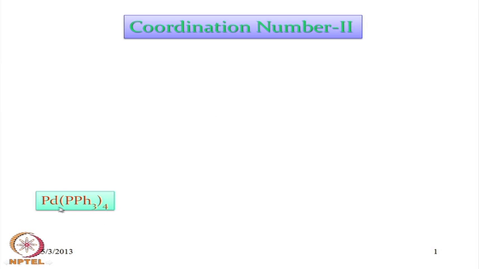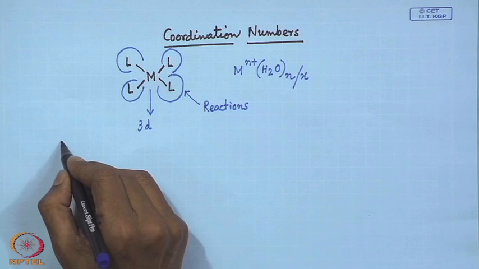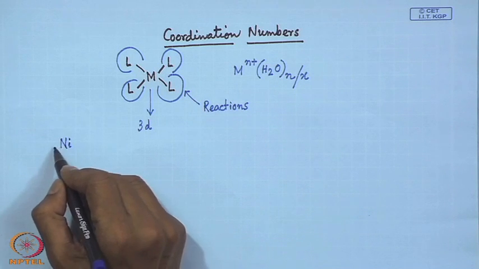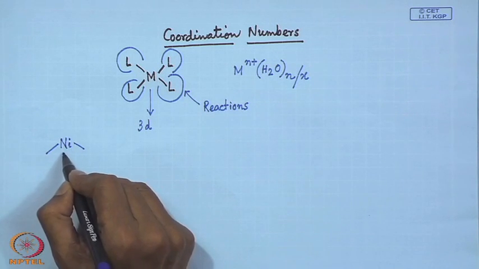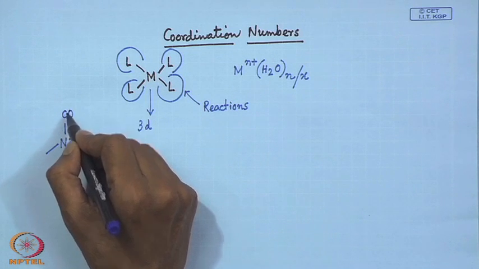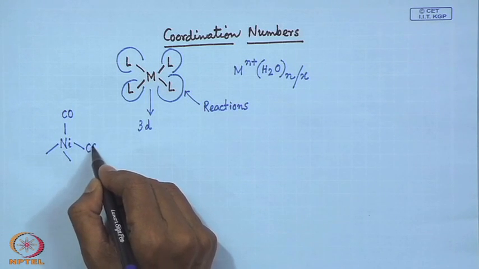One typical example is in our hand, which is tetrakis triphenylphosphine, 4 in number, attached to the palladium center, and that is very much similar to that of our nickel center, which is the corresponding tetracarbonyl species.